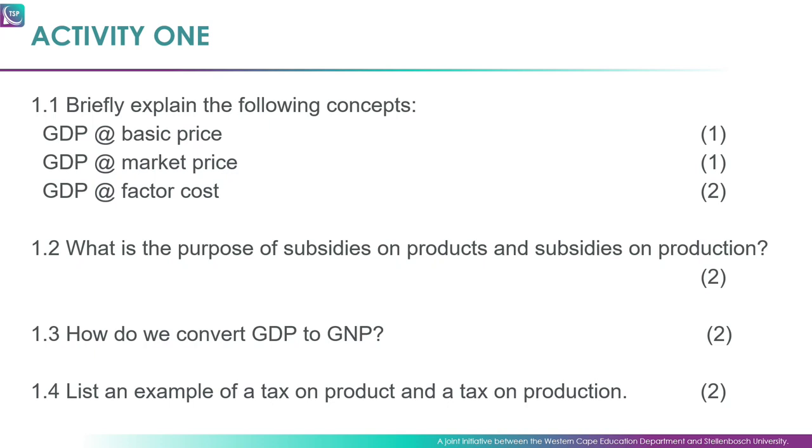Whereas for your tax on production, we have what we refer to as payroll taxes. If you do business studies or accounting, you would have heard about the skills development levy. So the skills levy is a payroll tax, and that would be an example of a tax on production. Or any monies paid on land and buildings would also be a tax on production.